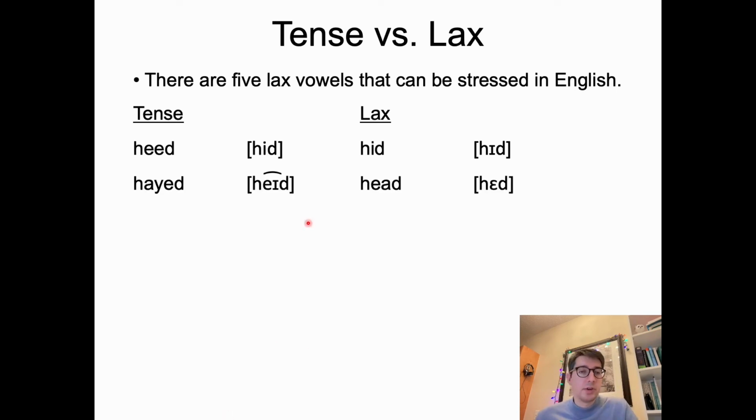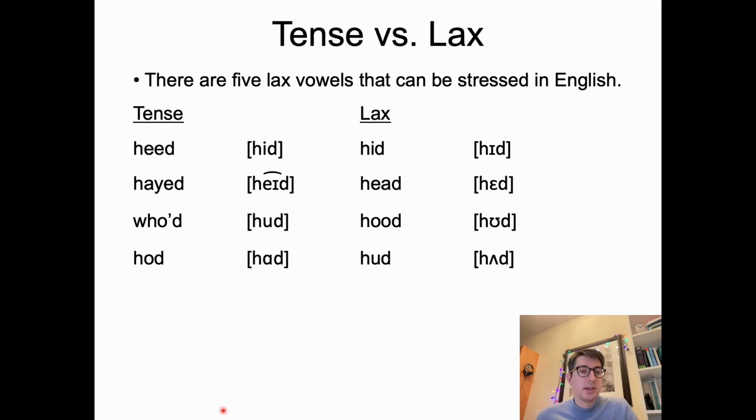Sort of a counterpart, right? Then you can have had and had, then hood and hood, and hard and hud, and maybe hoed and had. These are not really counterparts so much, but they are there, right?